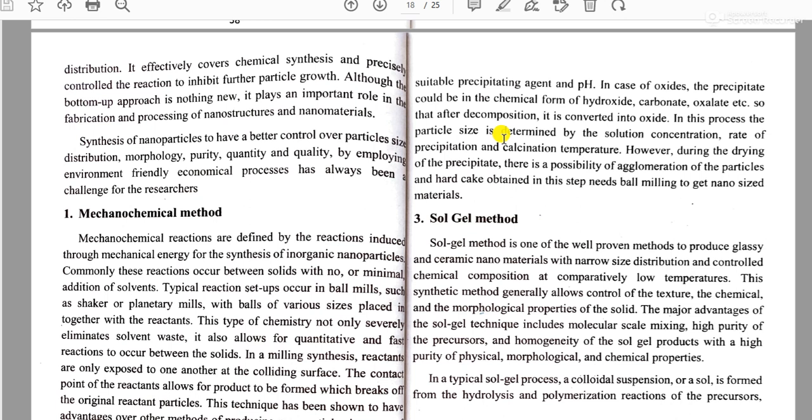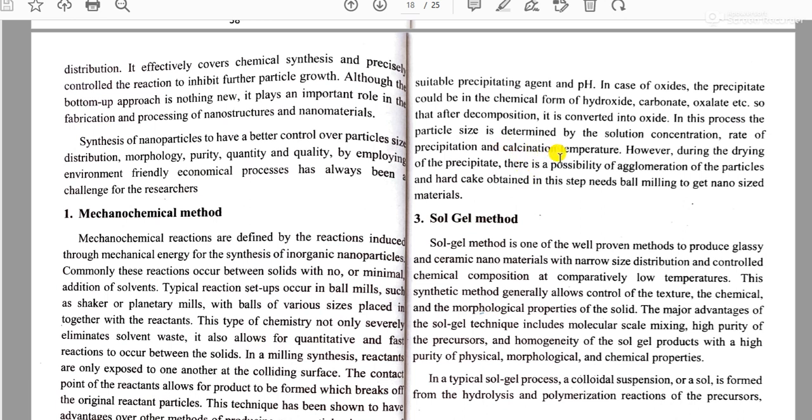Similarly, we can also change the rate of precipitation. Rate of precipitation means if you are adding this precipitating agent very fast, the precipitation will be carried out at a much faster rate. But if you are adding it in a drop-wise manner with constant magnetic stirring, the precipitation rate will be very slow. Then smaller sized particles can be obtained.